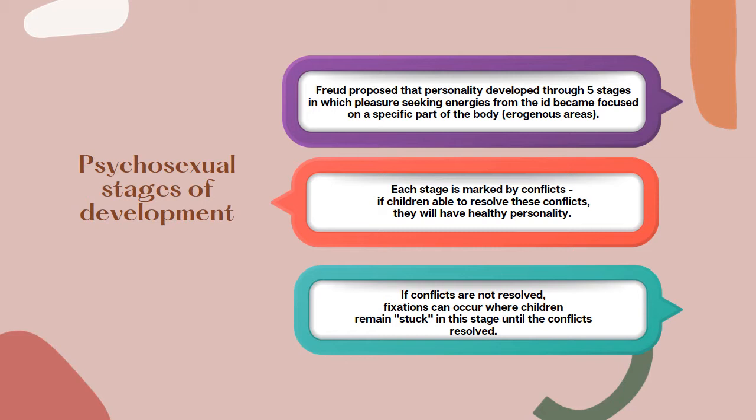So each stage is marked by conflicts. If children are able to resolve these conflicts, they will have a healthy personality. But if conflicts are not resolved, fixations can occur where children remain stuck in this stage until the conflicts are resolved.